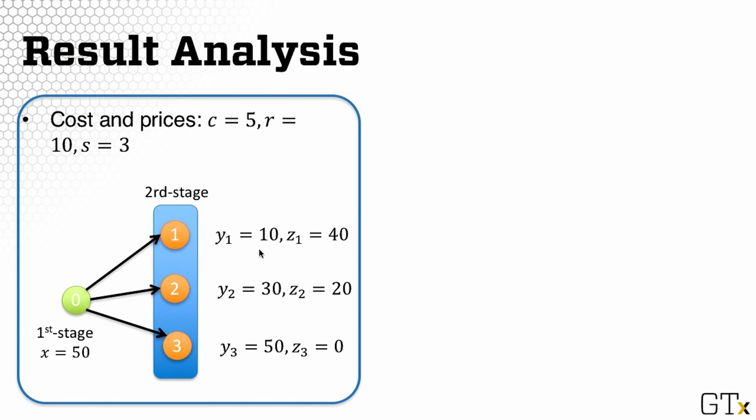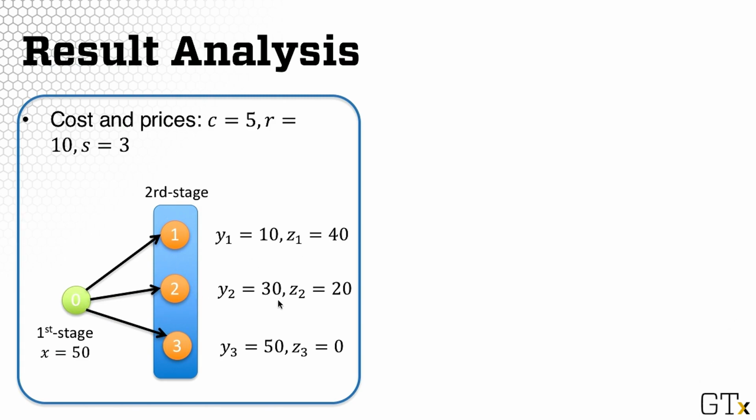Then for the second stage, wait-and-see decisions, if the demand is low, meaning 10 units, then we sell 10 units at the regular price because that's all the demand there is, and the remaining 40 units will be sold at the discounted price.